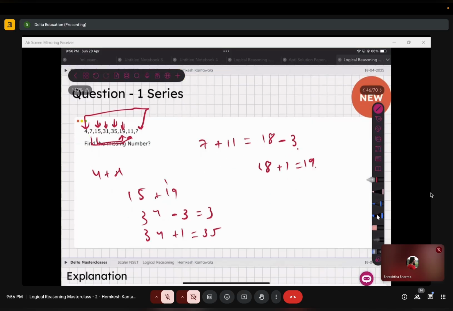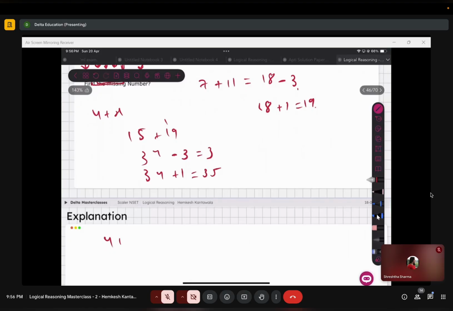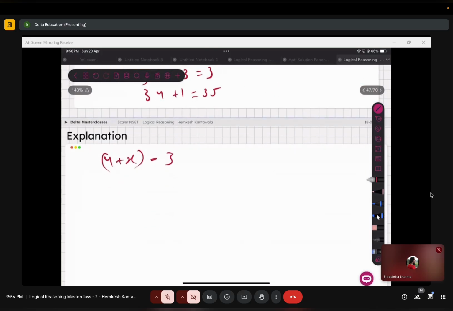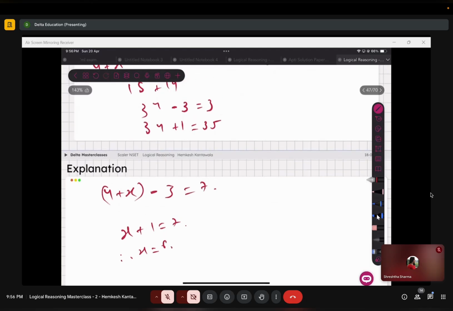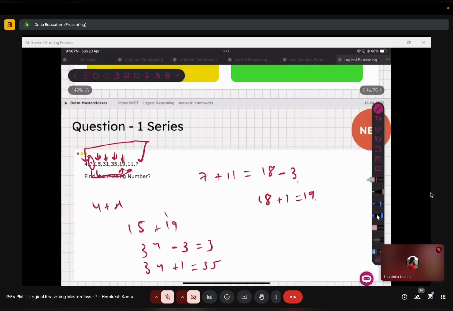So using the same pattern, 4 plus x minus 3 gives us the number here, which is 7. So x plus 1 is 7, therefore x is 6. To satisfy this pattern, 4 plus x plus 1 would be 11.